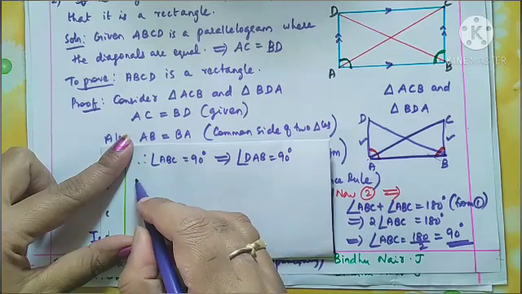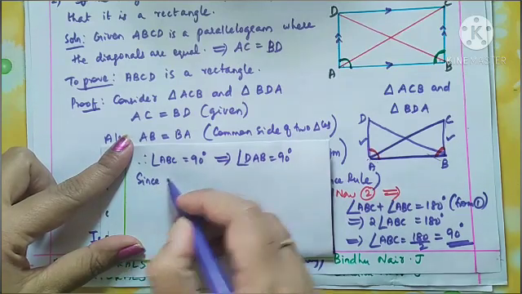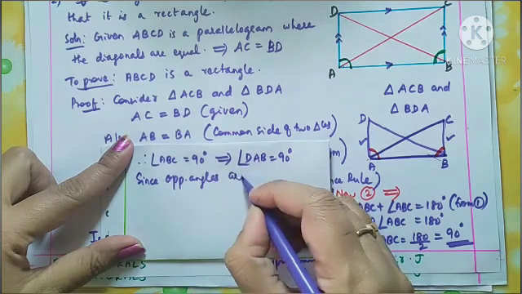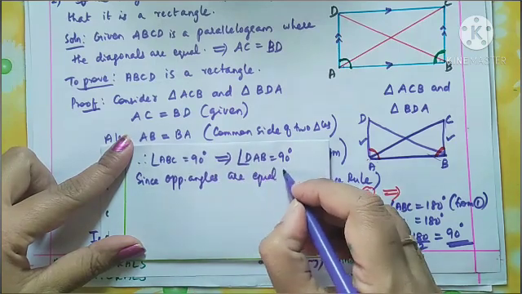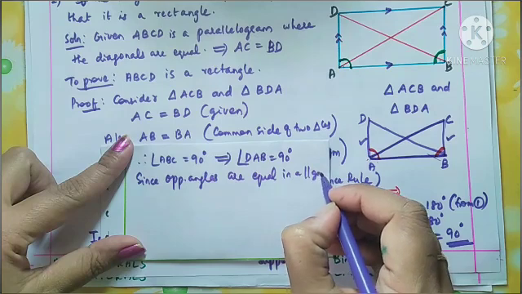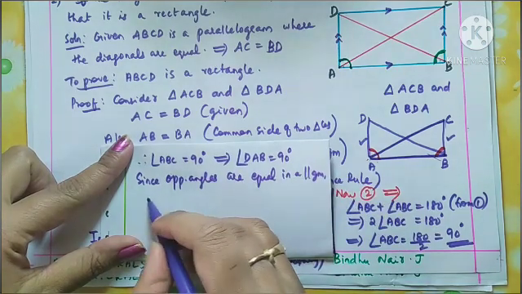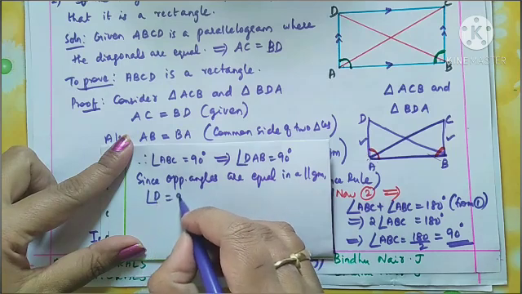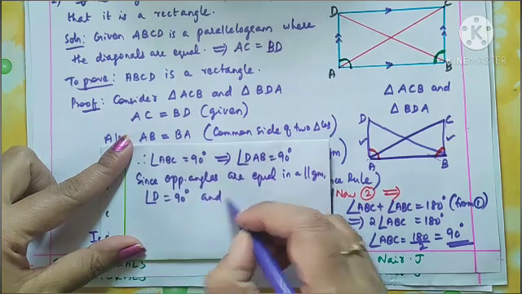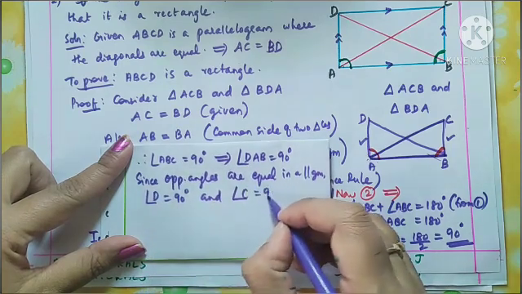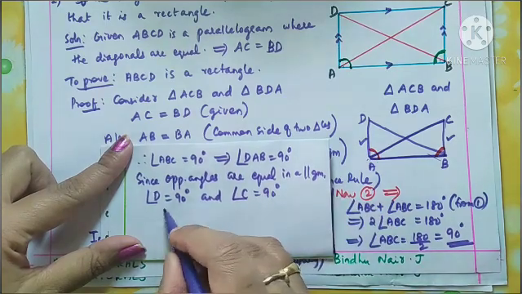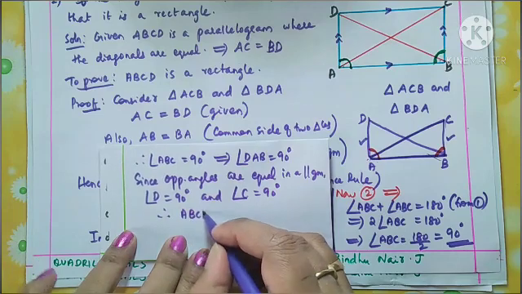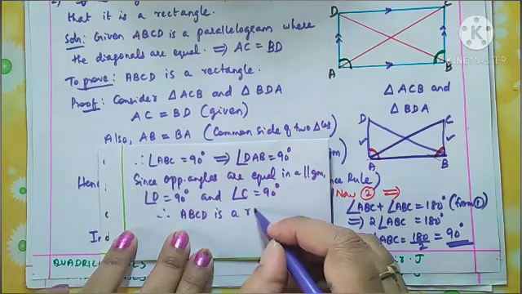So, since opposite angles are equal in a parallelogram, what we can say? Angle D is equal to 90 degree and angle C is also 90 degree. Okay. Therefore, what we can say? ABCD is a rectangle.